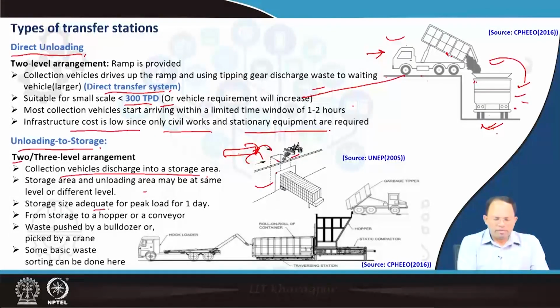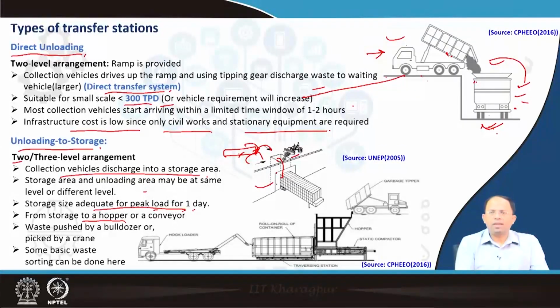The storage size should be adequate for the peak load for one day. That means we have to provide some storage area for waste, and that has to take care of the peak load for one day. Instead of directly putting it into the container, we can first put it into a hopper or a conveyor.